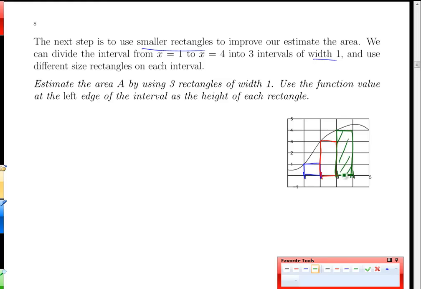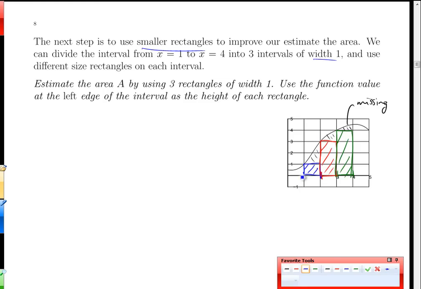There we go. And we'll highlight it so we can see the areas a bit more clearly. Now, notice what we're missing here. Those regions shaded in black that I just added, those are missing. But those little areas that are missing are certainly much smaller than the areas that were missing in the earlier slide when we used a huge rectangle over the entire interval.